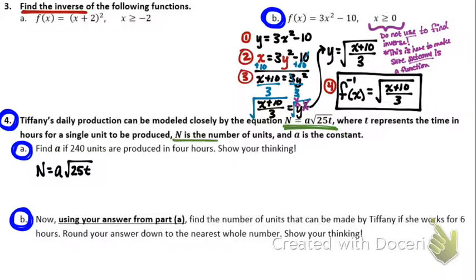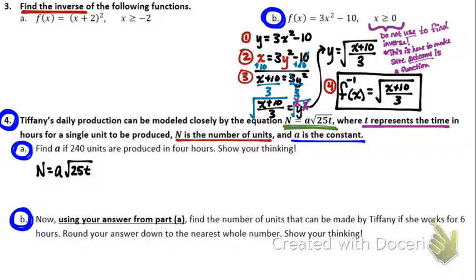The number of units. I'm going to underline that in red. What does the A stand for? It's a constant. And what about T? Yep, T is time in hours.